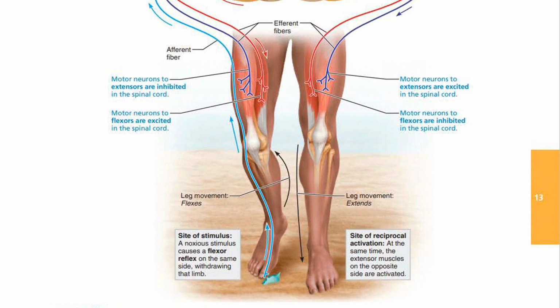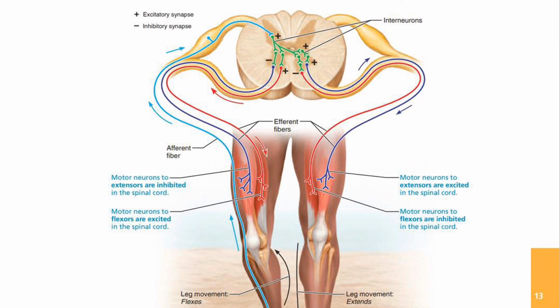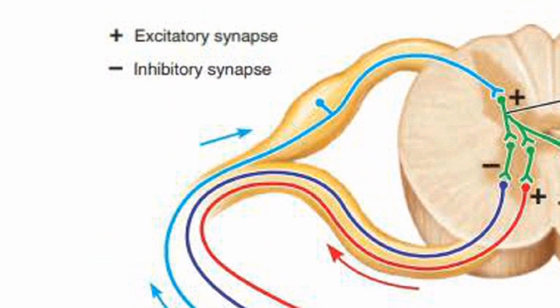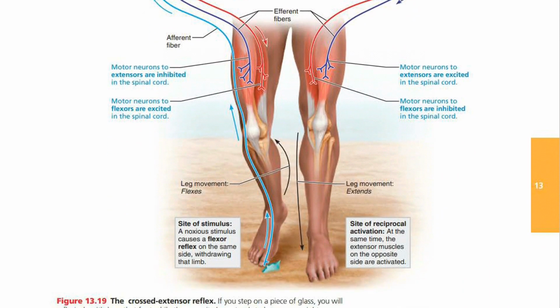The cross extensor reflex. Positive plus is excitatory synapse, minus is inhibitory synapse.